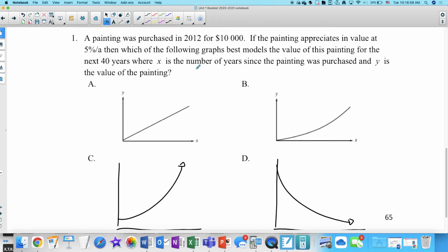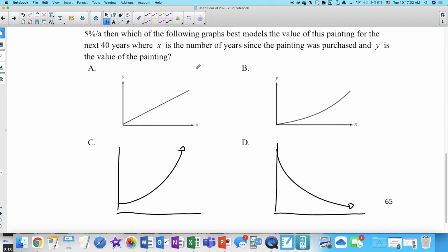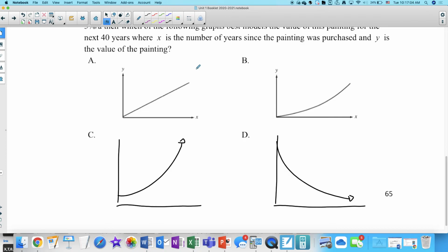Okay? Well, since we know that it appreciates, we can cross this off. It's not D, because D is going down. Okay? If it's increasing at 5% per year, is that going to be exponential growth or linear growth? Linear. Okay, so let's say you have $100 and it appreciates at 5% per year.